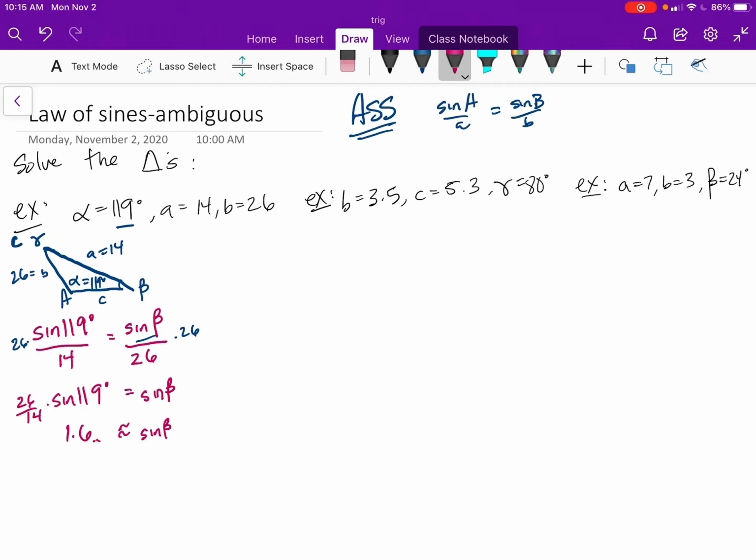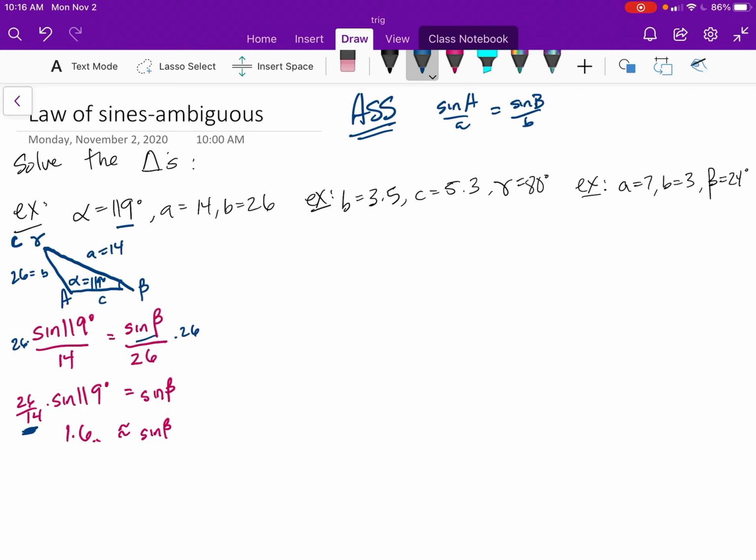I'm just rounding. No matter what, even before I use my calculator on this problem, I could see there's something wrong. The reasoning is that the sine of any given angle is always between -1 and 1. And right here, I'm multiplying by 26 over 14, which is 1 point something.